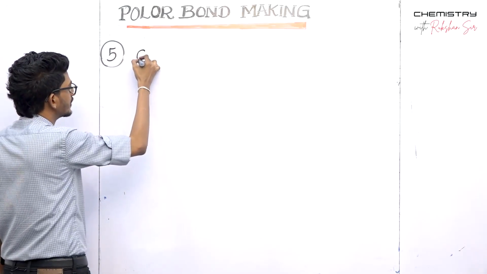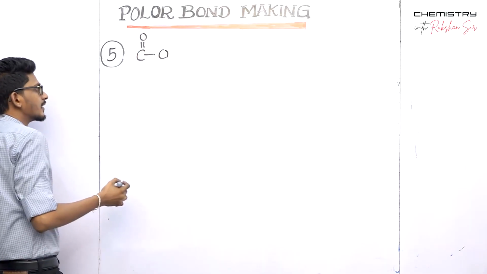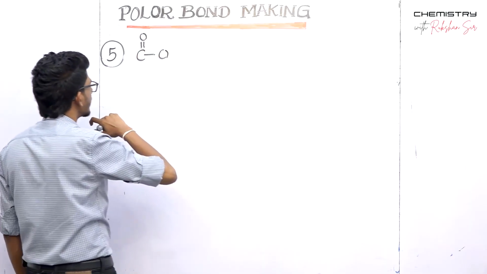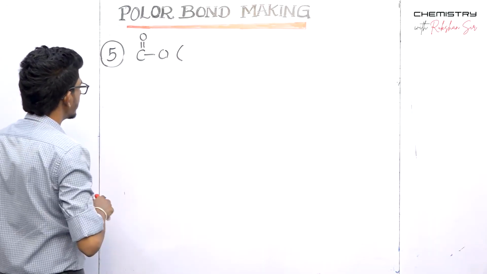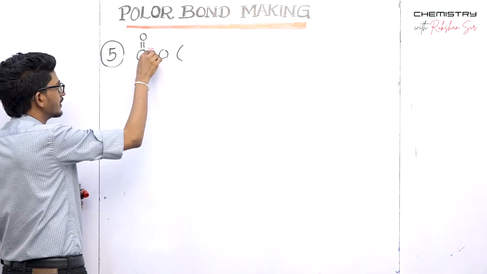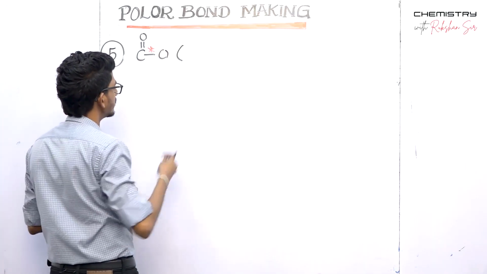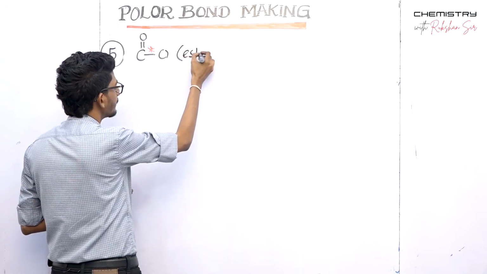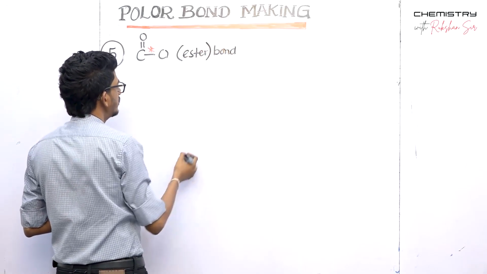If you have this kind of bond in your final compound, those compounds are referred to as esters, and this bond is referred to as the ester bond.